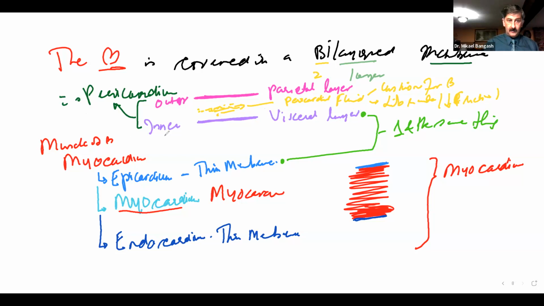Physically, it's also the outer layer of the myocardium, and then it is referred to as the epicardium. Deeper in between, we have the actual muscular layer, just called the myocardium, which on the inner side is lined by a thin membrane, which we call the endocardium.